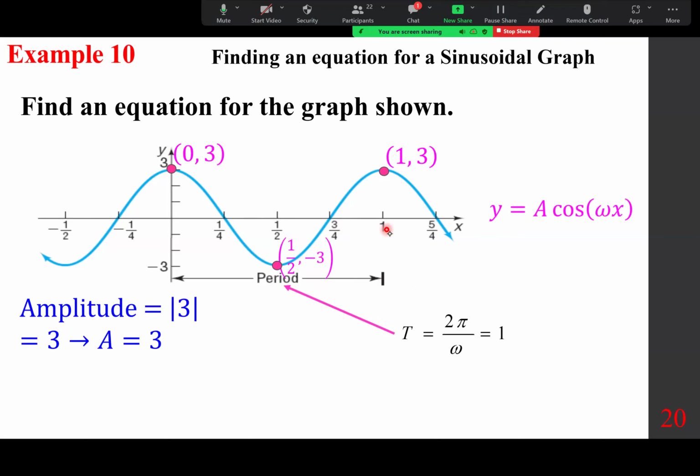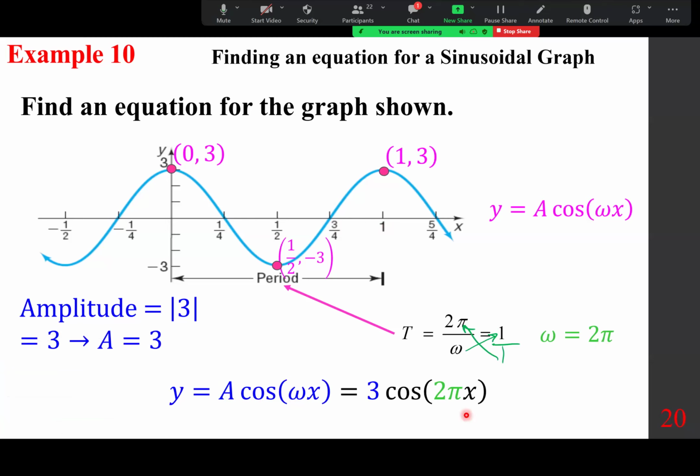So omega must be 2 pi. Therefore, replace the a with 3 and omega with 2 pi, you get 3 cosine 2 pi x.